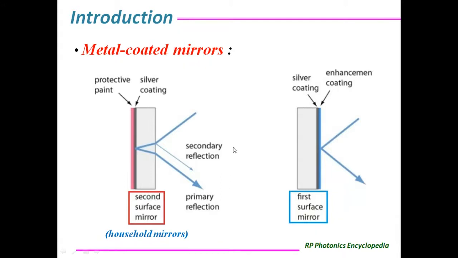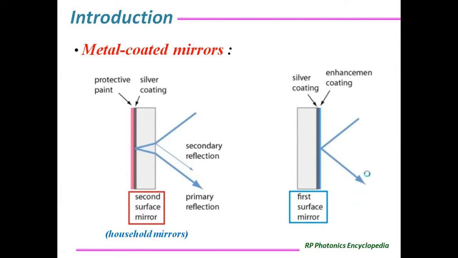Maybe the absorption in this case is greater than in the second case, the first surface mirror. In this case, just the thin metallic film is placed on the front, and the substrate, which is the glass, is placed behind. So here we've got only one reflection.